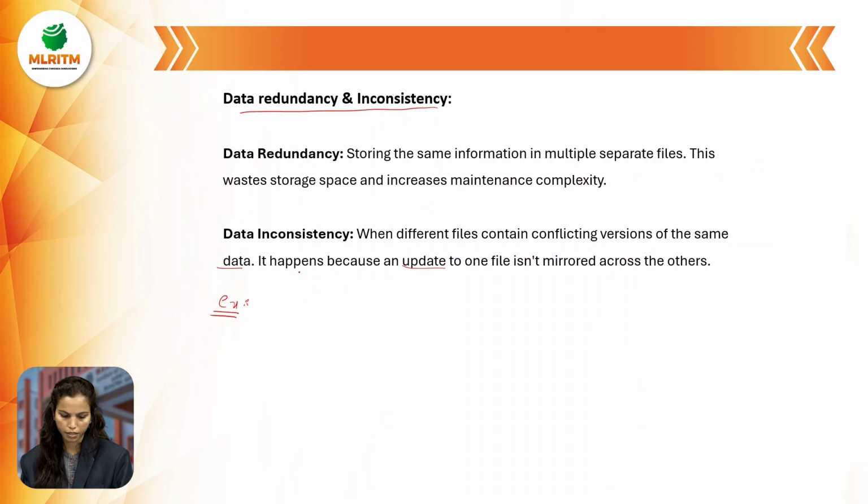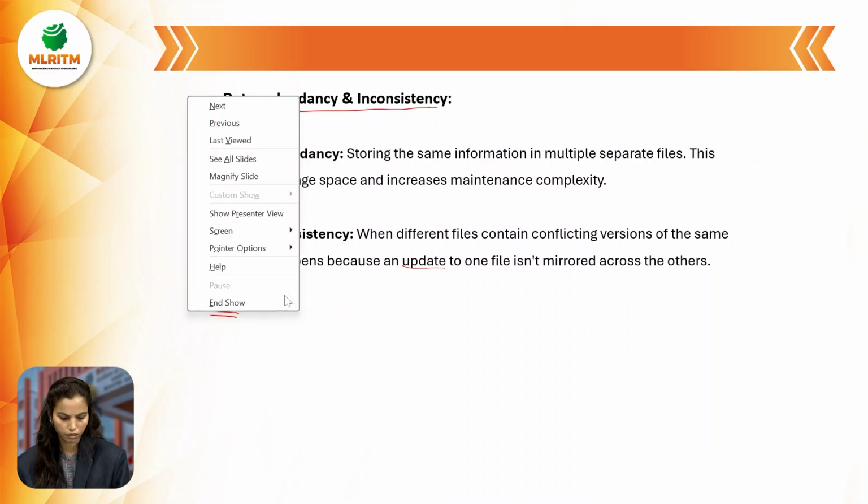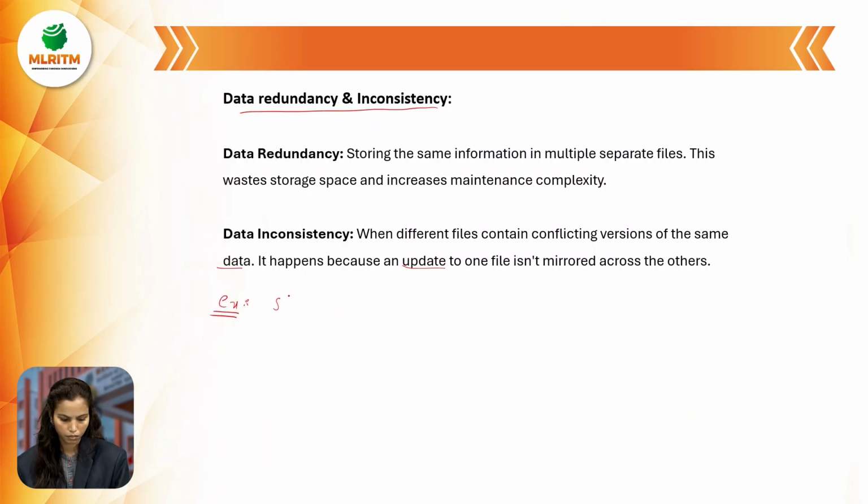for data redundancy and inconsistency, let us see one example. Suppose we have different files like student files. The administrative office maintains student data, the department has to maintain the department students' data, and the scholarship department also maintains data.